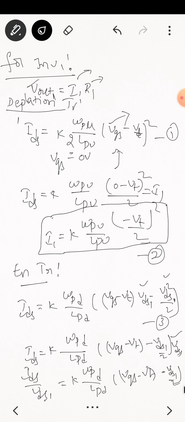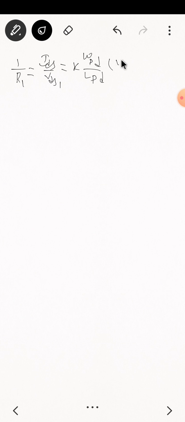Then I can write 1 by R1 is equal to IDS by VDS1, which is K into (W_PD by L_PD) into (VGS minus VT minus VDS1 by 2).